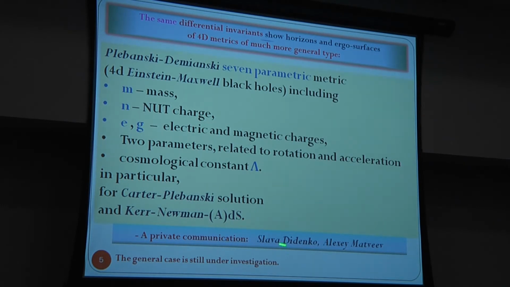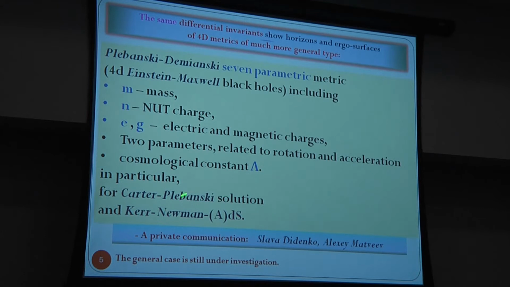It was shown by Slava Didenko and Alexei Matveev that the same invariants see the horizons and ergo surfaces in the Plebanski-Demianski seven-parametric metric. Here we have mass, NUT charge, electric charge, magnetic charge, two parameters related with rotation and acceleration, cosmological constant, and so on.